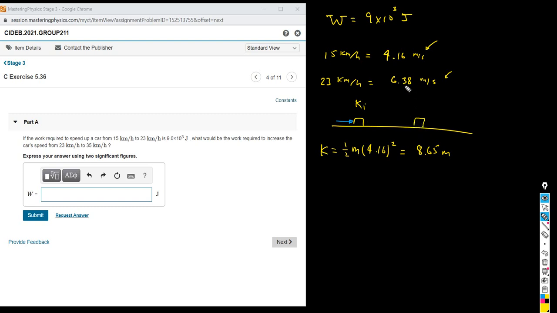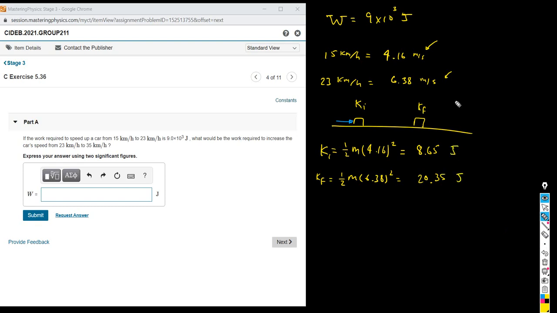And then right here, when the car is going at this speed, let's calculate that final kinetic energy. That final kinetic energy is still going to be 1/2 times its mass times its final velocity squared, which is 6.38 squared. Let's calculate this times this. And you get 20.35 meter. I'm sorry, it's not meters, it's joules. Joules and joules.